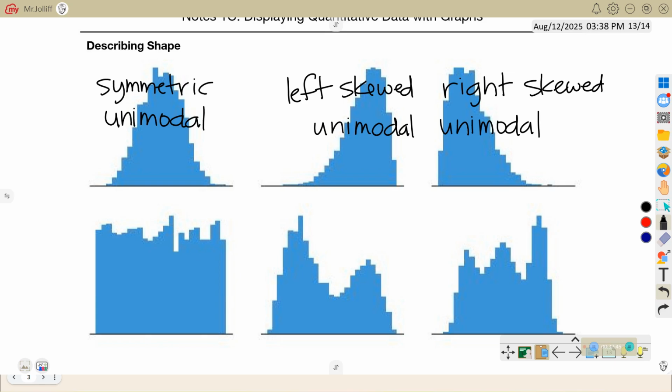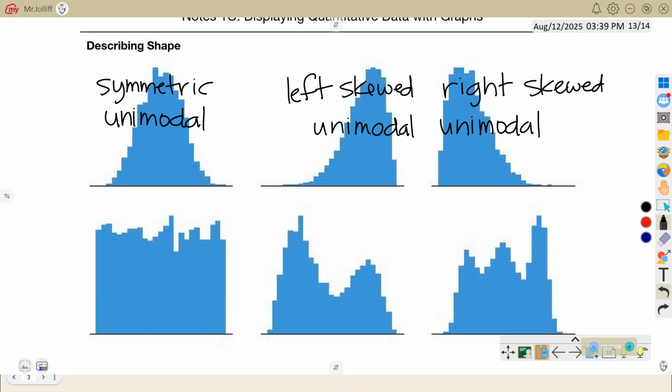When we are talking about unimodal graphs, it is important to identify both that it is unimodal and whether it is symmetric or skewed. If it is skewed, which direction is it skewed? And we are going to practice. I'm not going to test you on it tomorrow. You'll be fine. I promise.